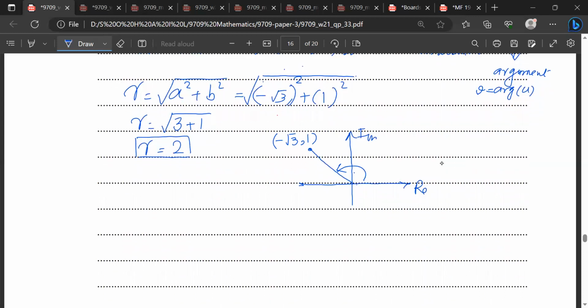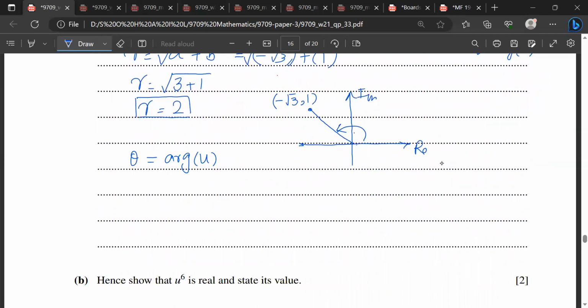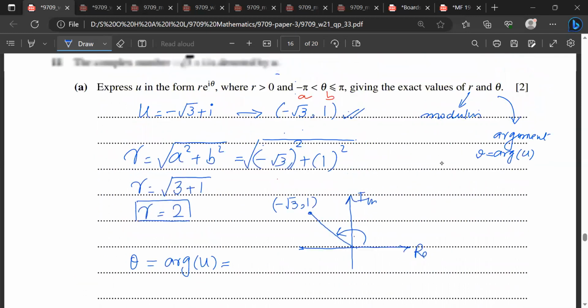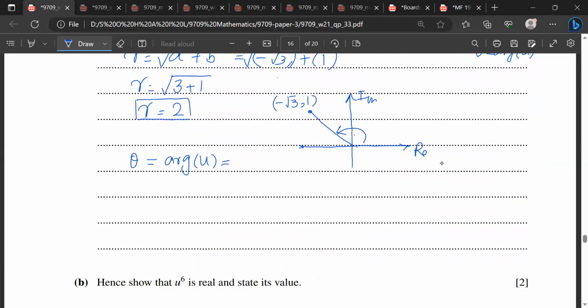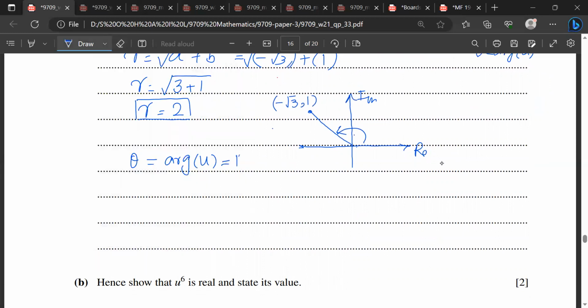The argument of z, which is theta, theta is the argument of u, because u is the complex number, is equal to, second quadrant, pi minus tan inverse of the modulus of b over a.